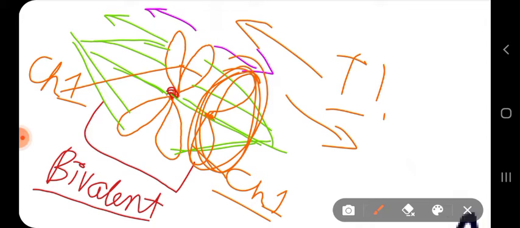The result is meiotic products with chromosome numbers intermediate between the haploid and diploid number.